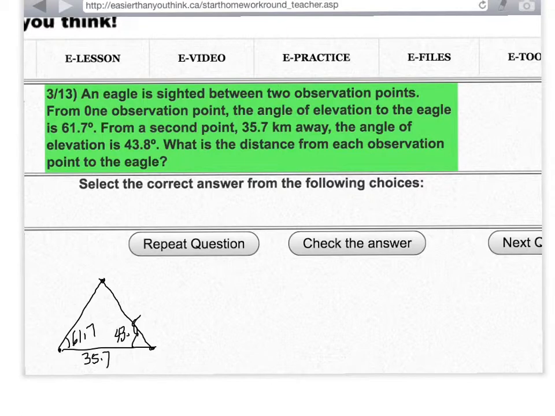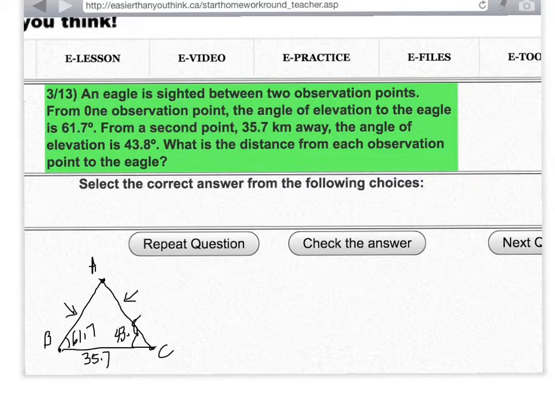The question is, what is the distance from each observation point to the eagle? This means that if I call this one A, B, C, I have to find AC and AB. This is the distance from the observation point to the eagle. Now, looking at the information given in the diagram, I can't use cosine law, because cosine law needs three sides or two sides and the angle between them. I don't have either one of them.